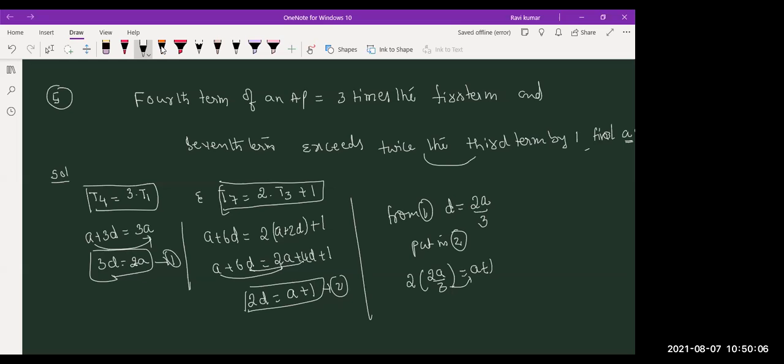Do the cross multiply. We get A equals 3. If A equals 3, then D equals 2.